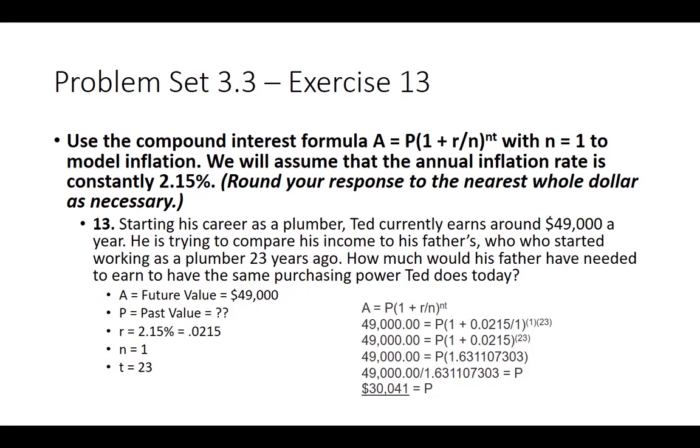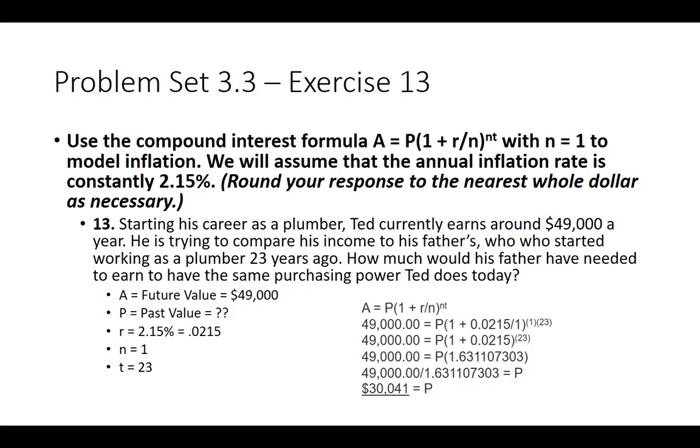R, as in all of these inflation problems, is 2.15%. As a decimal, that's 0.0215. N, as in all of these inflation problems, is 1, because inflation is annual interest compounded annually.